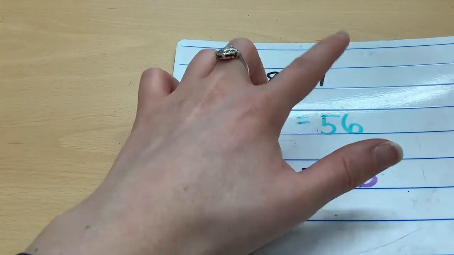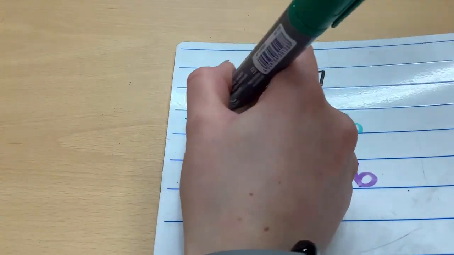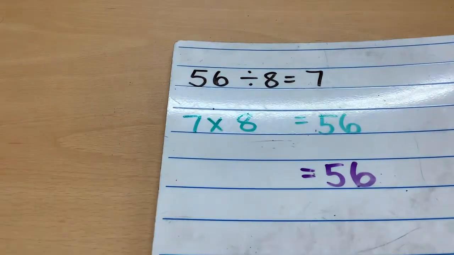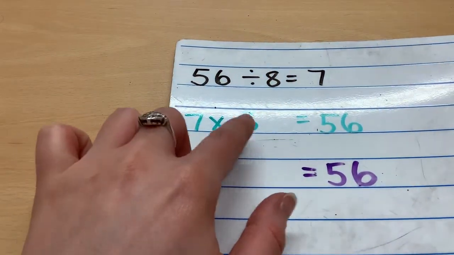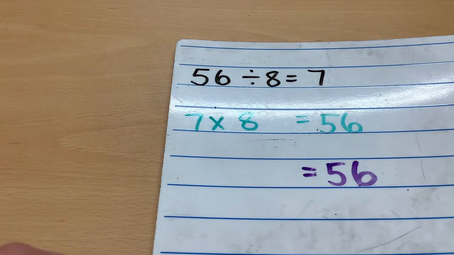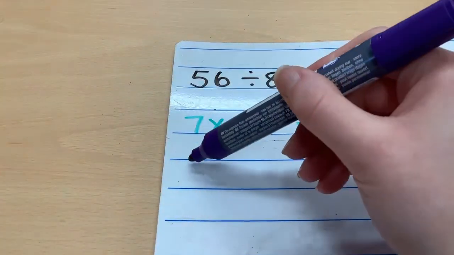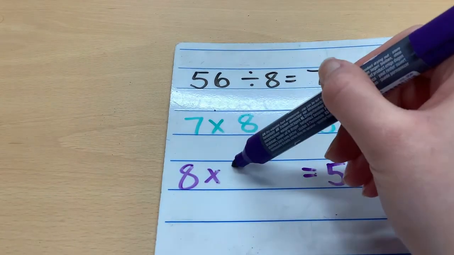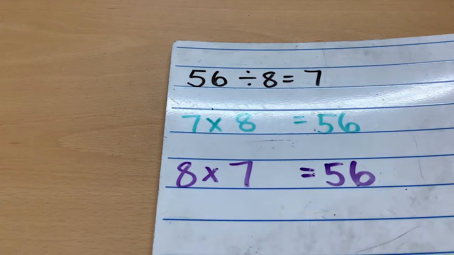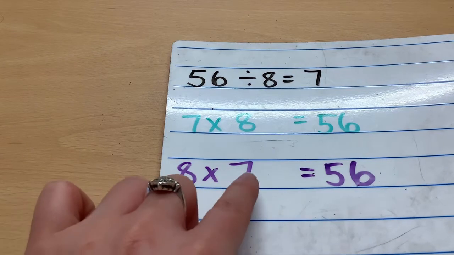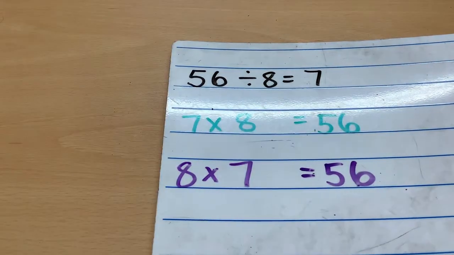I'm going to start with the quotient and I'm going to multiply it by the divisor. 7 multiplied by 8 equals 56. For the next equation, I'm going to start with the divisor and I'm going to multiply it by the quotient. 8 multiplied by 7 equals 56.